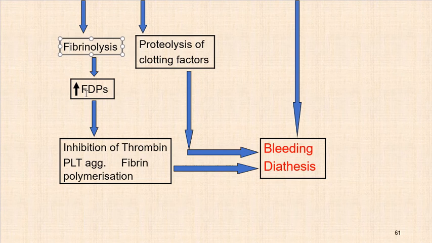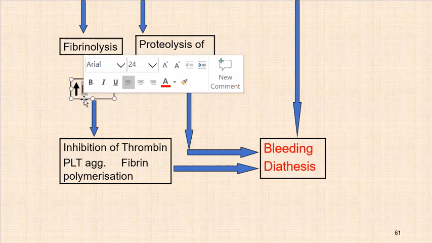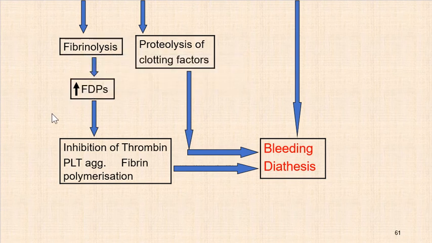The quantity of FDPs goes on increasing, and the increased amount of FDPs in itself leads to inhibition of thrombin, because they have antithrombin activity, inhibition of platelet aggregation, and inhibition of fibrin polymerization.